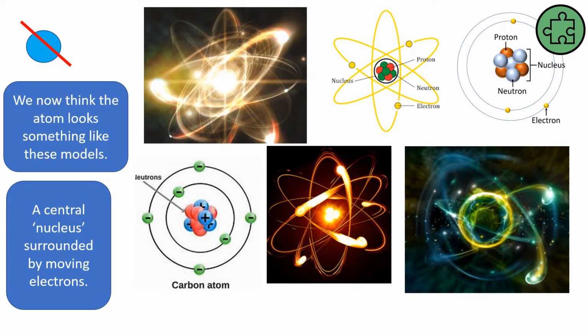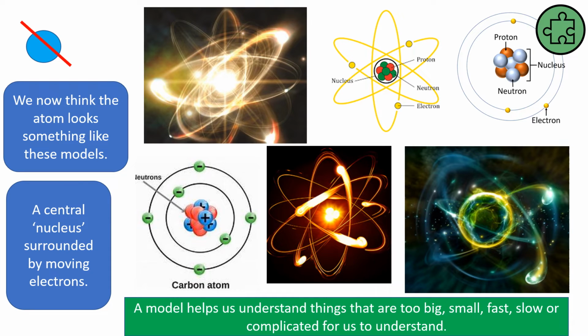Now, these are all models of the atom, and models are there to help us try to interpret or understand things that may be too big in the real world. So you think about the solar system, it's really very difficult to understand how far away the Earth is from the sun, so we use models to try to explain it.